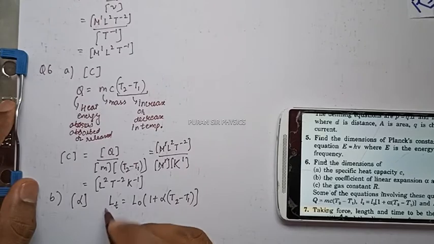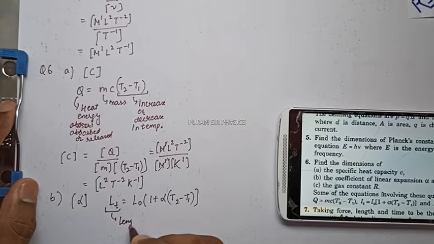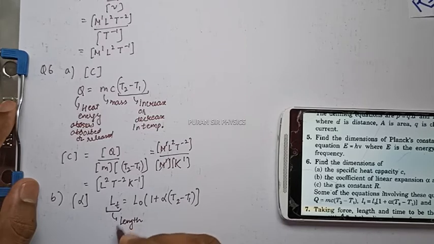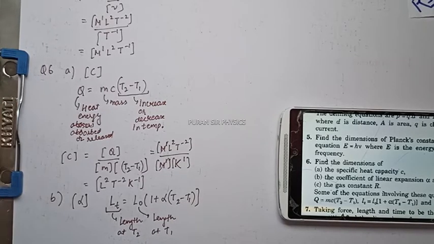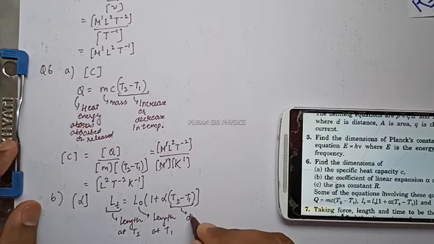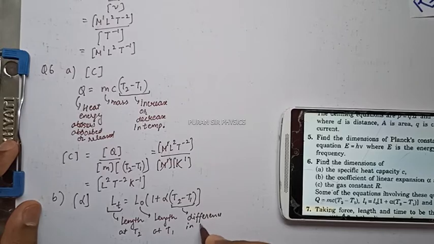So here I will tell you that this quantity is your length at T2, when temperature was T2, and this is your length at temperature T1, and this quantity is difference in temperature.